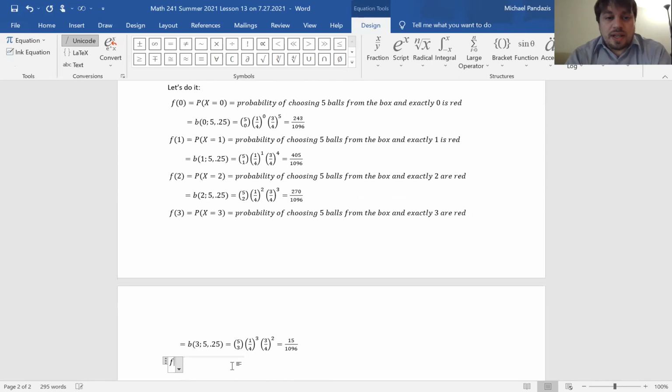Okay, and then f of 4, which is equal to the probability that x is equal to 4, which is equal to the probability of choosing 5 balls from the box, and exactly 4 red.